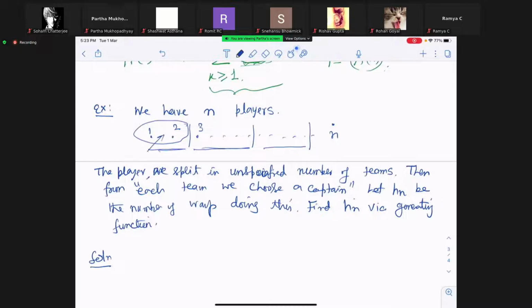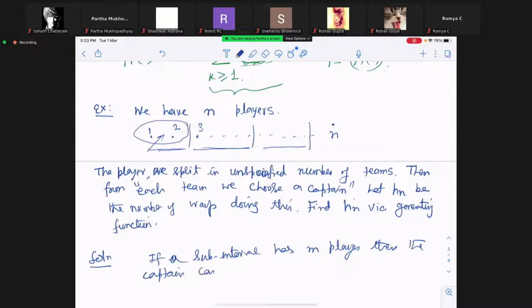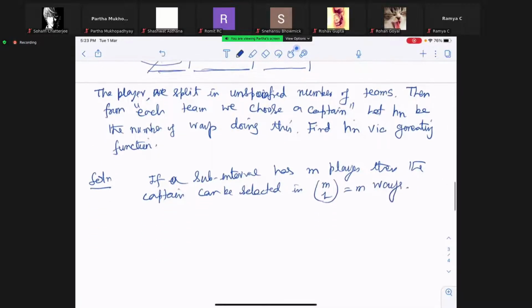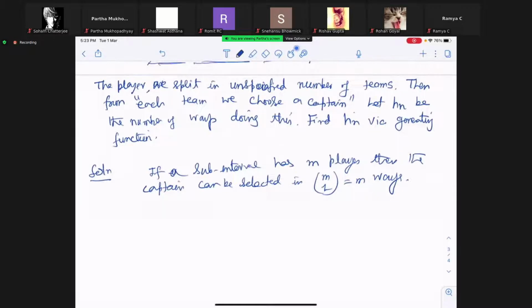That means if a substructure, if a subinterval, has m players, then the captain can be selected in m ways. One of them can be captain, right? Now, what is the generating function associated with such a thing?